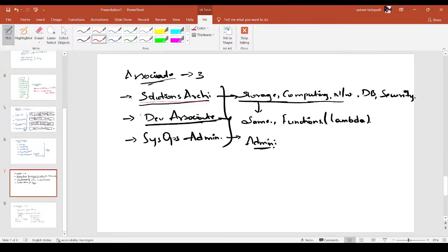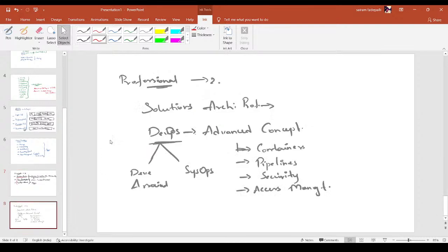But if you want to get into a DevOps engineer role in corporate, you need to crack these two certification programs, and then you need to go to DevOps engineer. So there is an interlink between these two things.